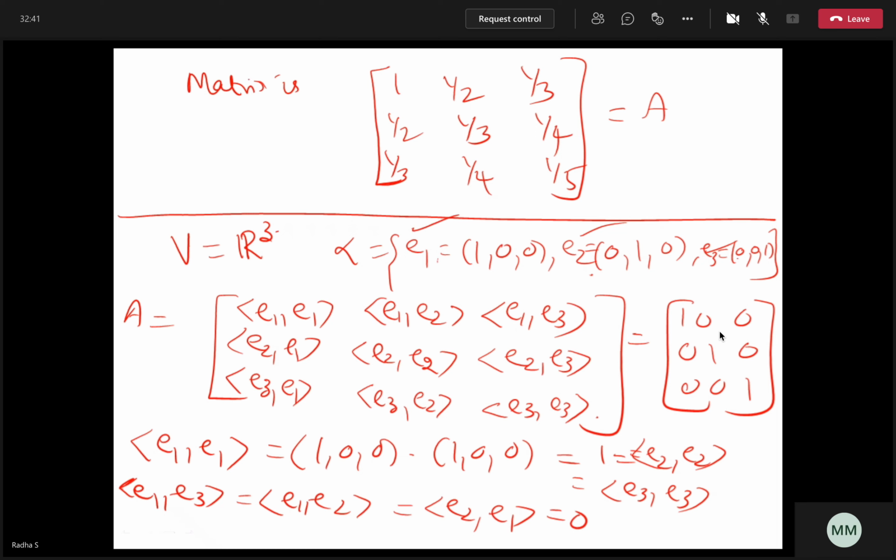Is it clear? Don't go for direction cosines and all. If you find the inner product between E1, E2, E1, E3, E2, E3, all three are 0 because they are mutually orthogonal. The angle between them is 90 degrees.